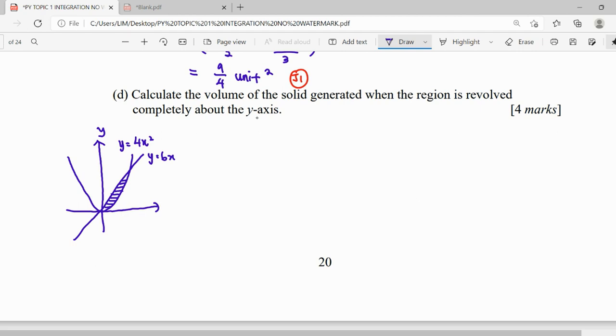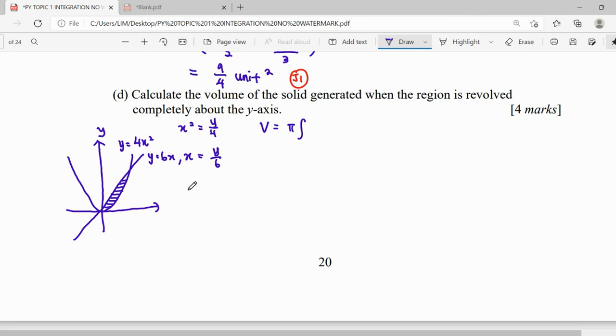So therefore, for the quadratic, x squared will be equal to y over 4. So no need to put in x, because later we're going to square this equation. And for this x, it will equal y over 6. So the volume formula will be equal to pi.